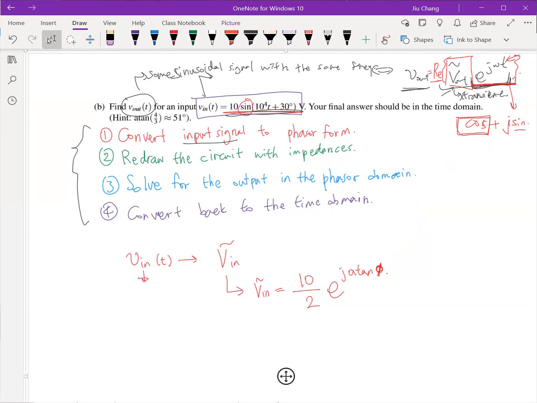Okay, so we know that sine of 10,000 t plus 30 degrees is equal to cosine of 10,000 t plus 30 degrees minus 90 degrees. So we know that for a cosine, we have this 90 degrees phase shift.